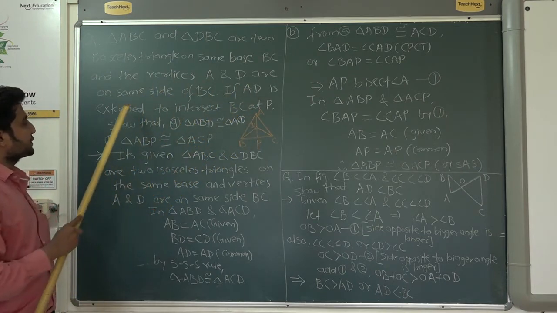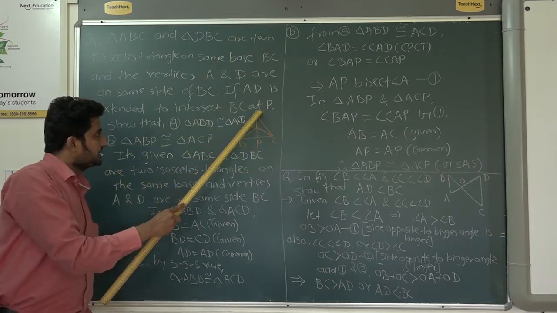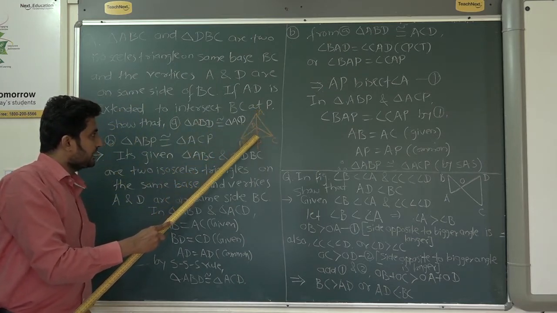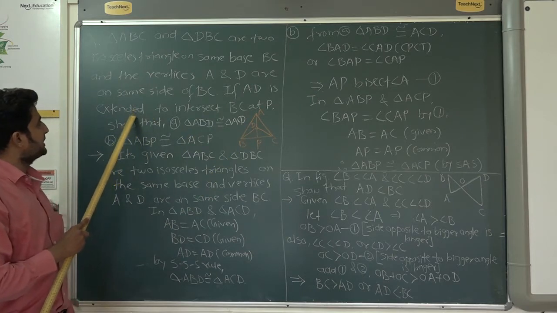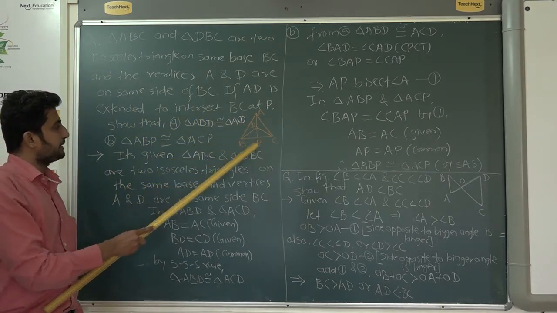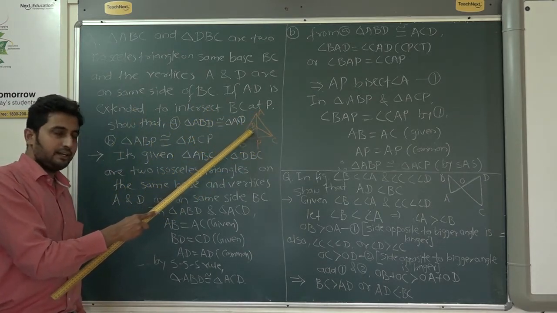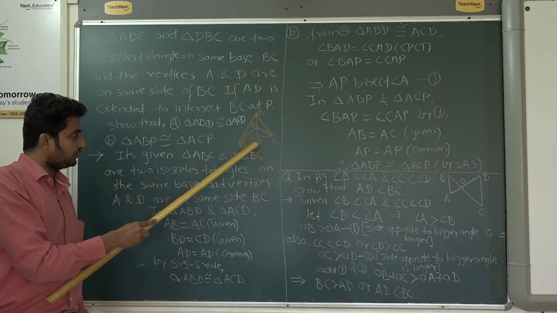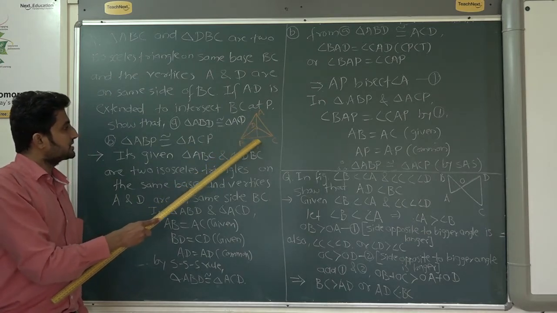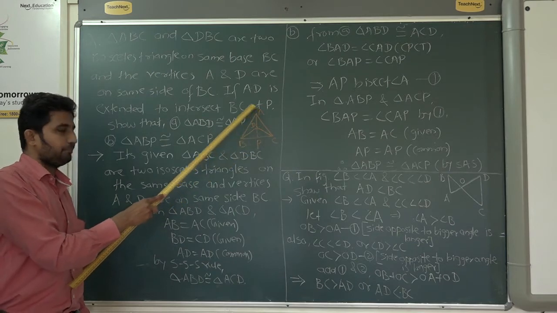If AD is extended, it will intersect BC. We extend this AD up to this point, which intersects BC at point P.